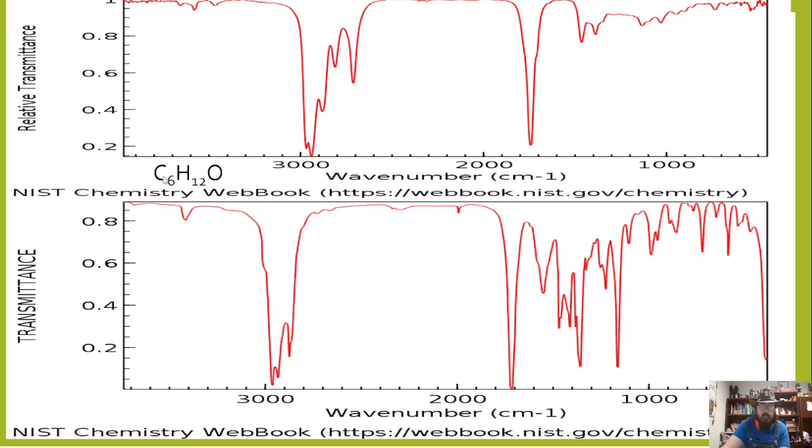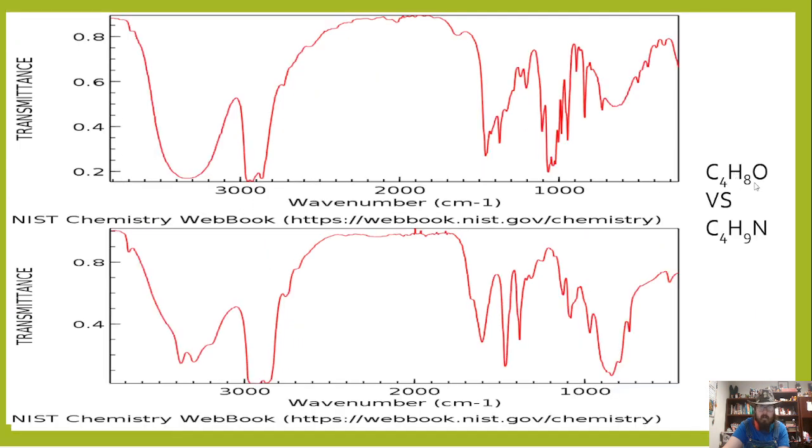Can we tell? They both have the formula of C6H12O. So this tells us there's one unsaturation index, probably not a ring. Looking at this, C4H8O versus C4H9N, or C4H9O. You can see right here, very broad peak.